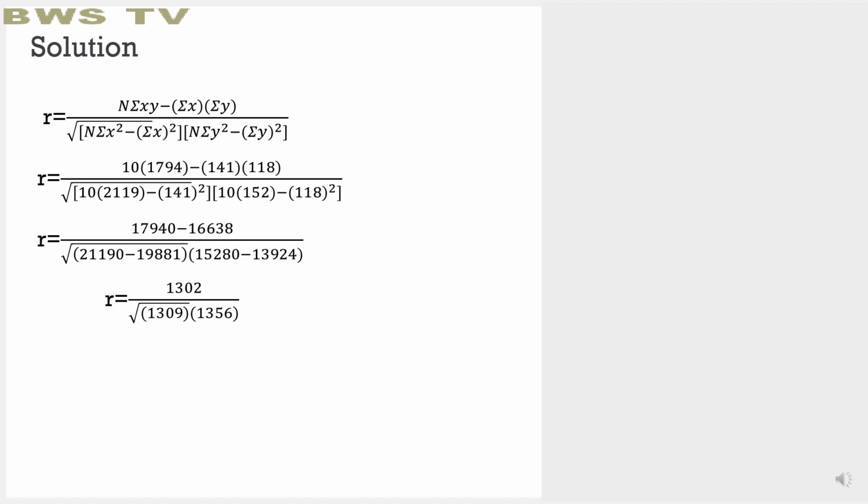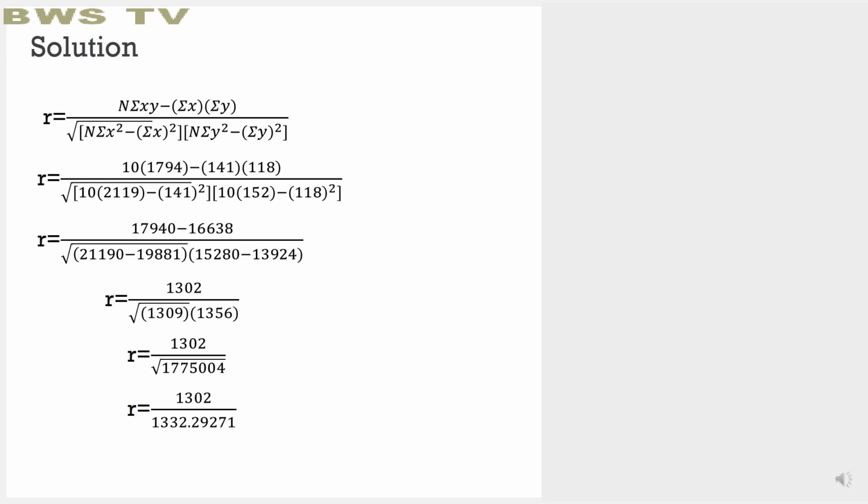Multiply 1,309 and 1,356. So that's your answer, 1,775,004. Then find the square root of 1,775,004, and we have 1,332.29, or the whole long equation or whatever.